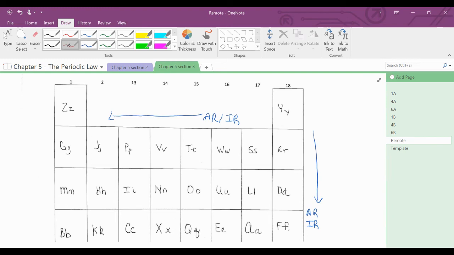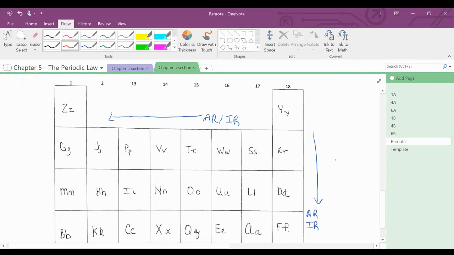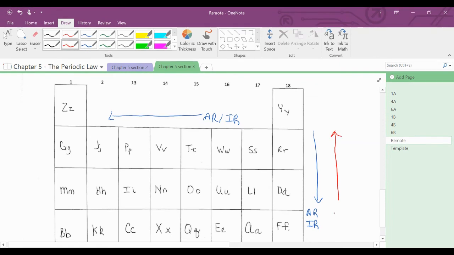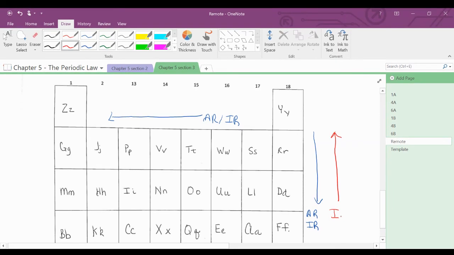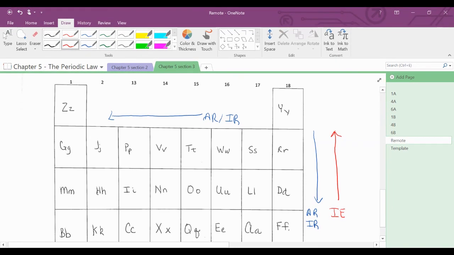All right, and then let's review your answers for ionization energy. So ionization energy, if we're talking about how it increases for a group, the elements that have the bigger ionization energy are going to be at the top of the group. Those would have electrons that are closer to the nucleus, which makes it harder to pull electrons away.